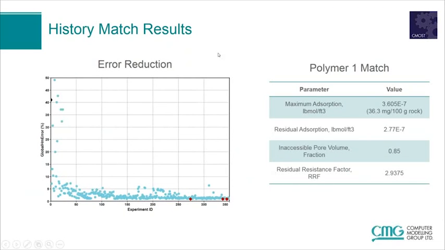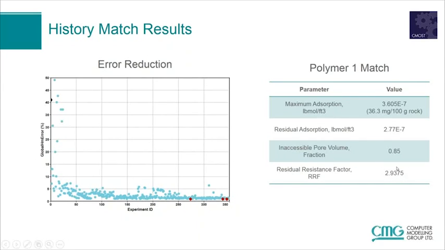And as you can see by this plot of error reduction, our global error was quite small after 350 some runs, and the actual values that it came up with are showing here on the right side here, the absorption, residual absorption, inaccessible pore volume, and RRF.